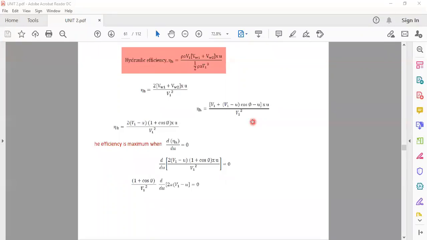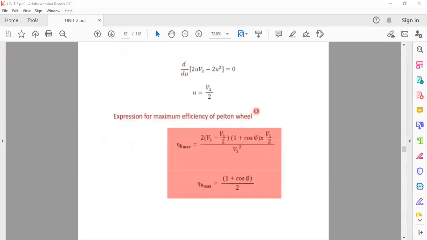So (1 plus cos phi) upon V1 square, d by dU in bracket 2U in bracket (V1 minus U) bracket complete, equal to 0. After differentiating, we get U equal to V1 upon 2.